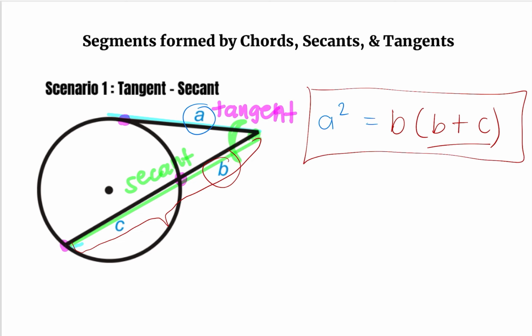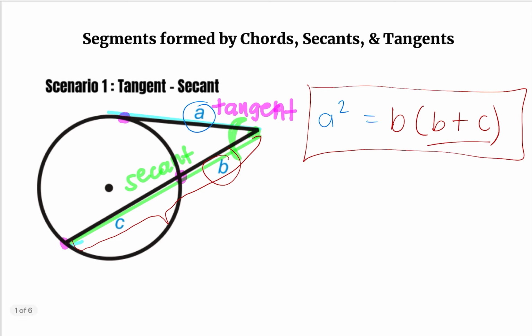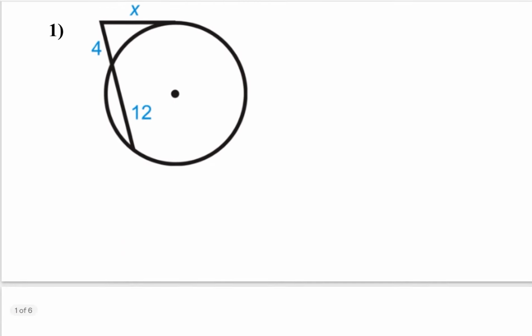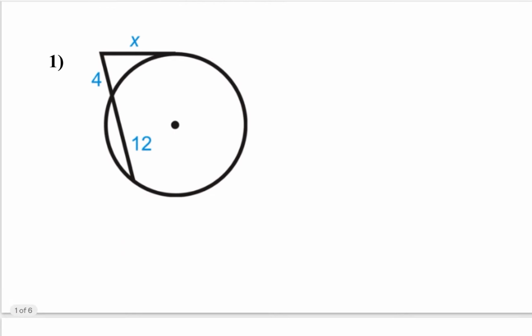Let's use this formula to answer this problem. First, let's label what we have. So x here is our a because this is the tangent line. And then we have 4, which would be b, and 12 is c.